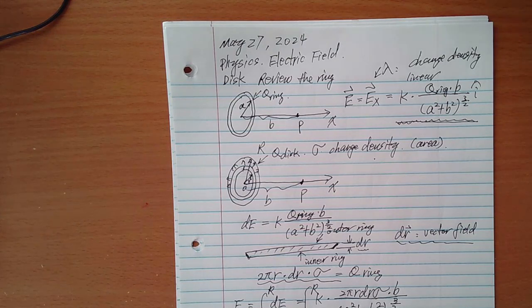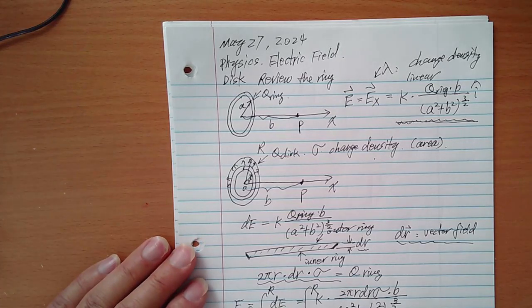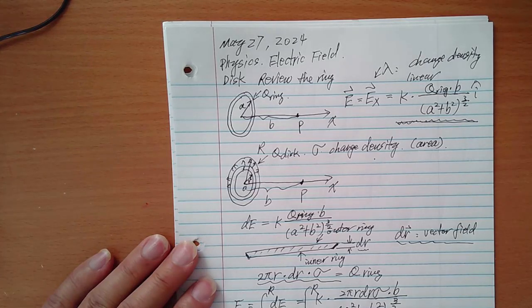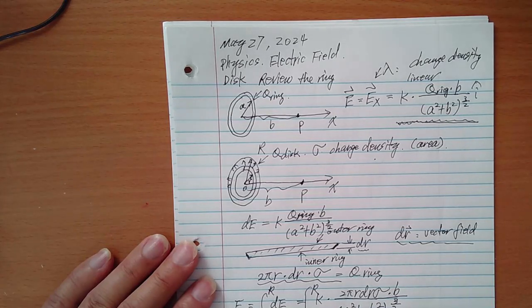Again, since we changed the variable from r to u, the limits are not going to be 0 and R. To simplify, we just randomly name them m and n. And then that will be equal to k pi sigma b, and then we can rewrite this as u to the negative 3/2 du.